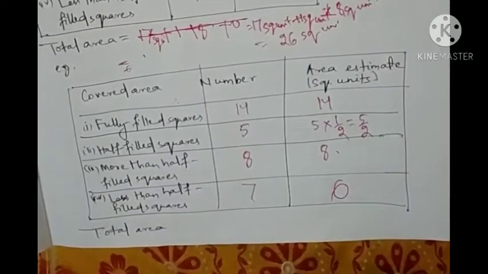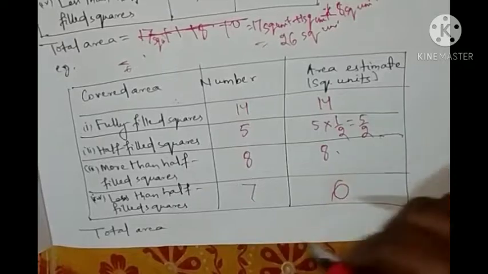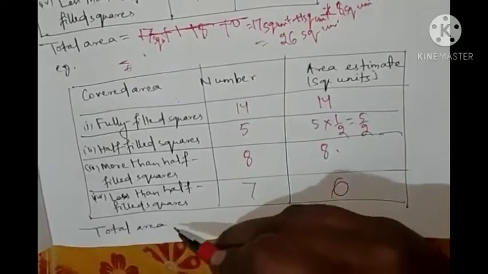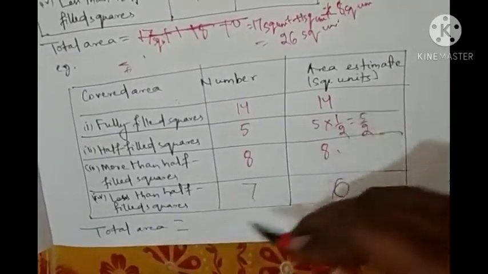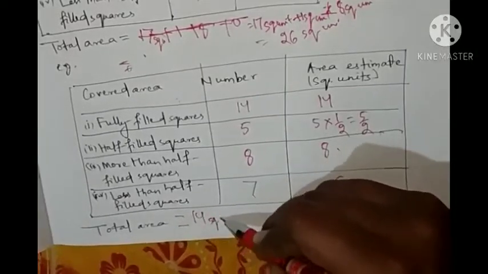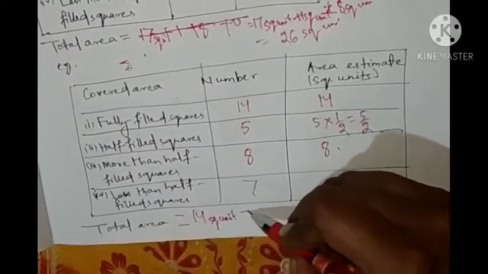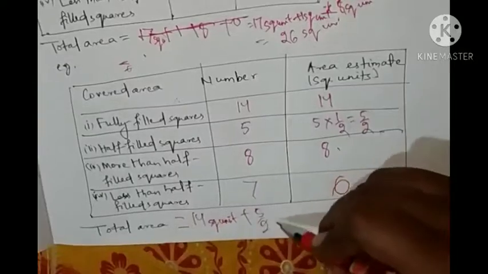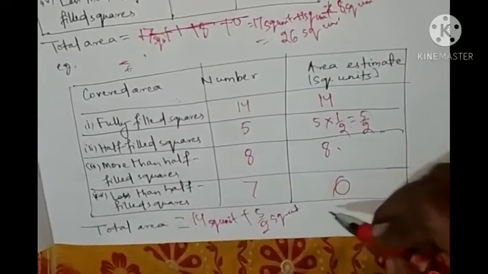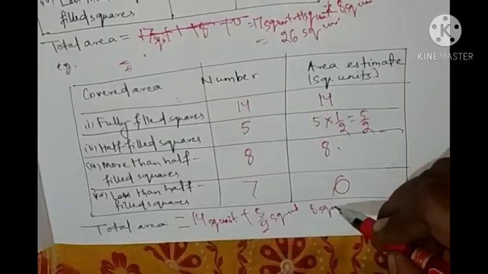So look, we have found all of these. Now we'll find the total area equal to 14 square unit plus 5 by 2 square unit plus 8 square unit.